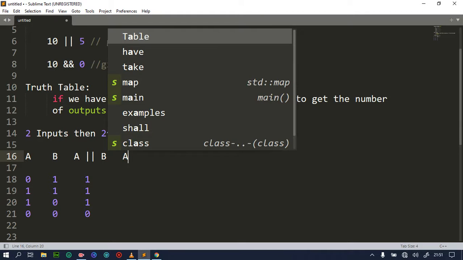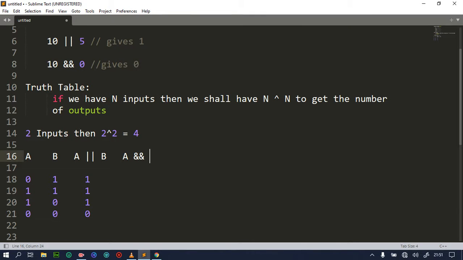How about if we have A and B? We said if it's AND, then what does it mean? It means that it is only and only true when both are true. Okay, otherwise it's a false. What does this one mean? I can give an example: if you're logging into your Facebook account or your Gmail account, you can only and only log in when both your username and password are correct.